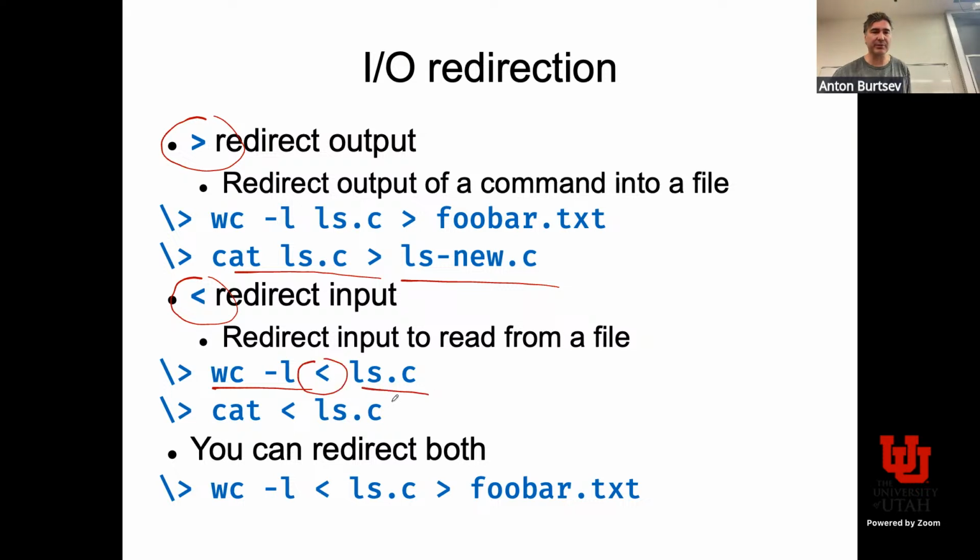That's the same as writing wc -l with this argument. Same for cat. And of course, you can redirect both, and your shell implements it. It's kind of like a tiny language. So wc takes input from ls.c, output into the file foobar.txt. And they said, okay, we want this idea to work. How to build it?